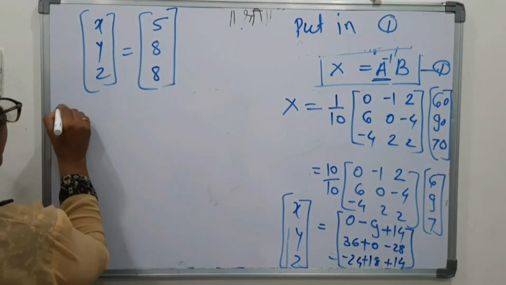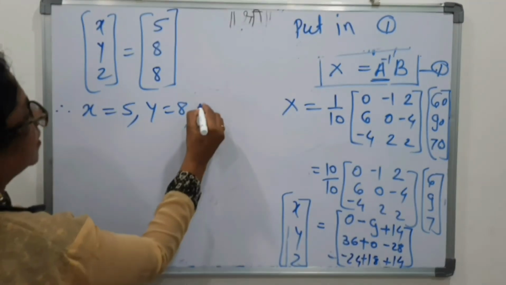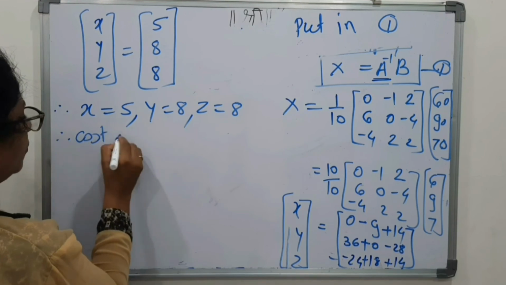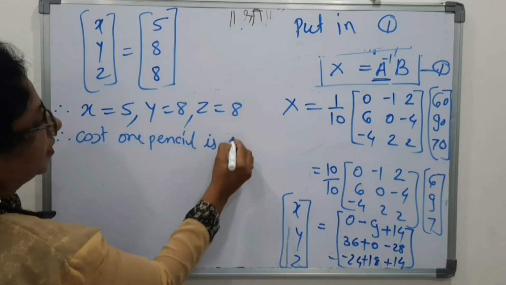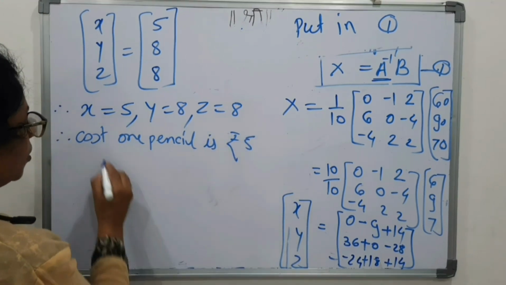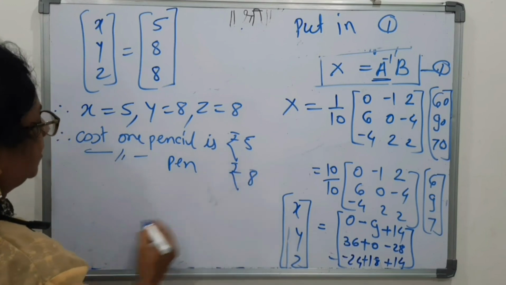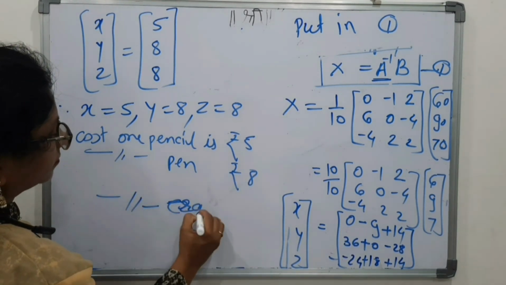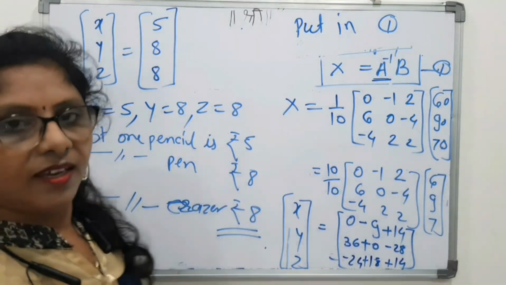So finally x equals 5, y equals 8 and z equals 8. Therefore the cost of one pencil is rupees 5, the cost of one pen is rupees 8 and the cost of one eraser is rupees 8. Okay, understood?